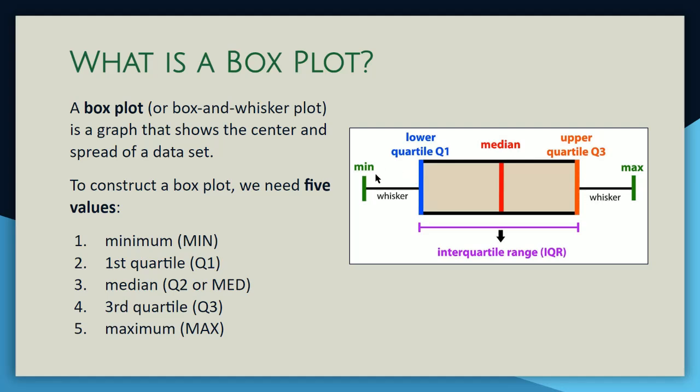And then the whiskers represent the distance from those quartiles to the outer edges of the data. So I see how spread out my data is by the width of those box sections and whiskers, and I can see very clearly where one of my measures of center is. That median is the halfway point for my data.